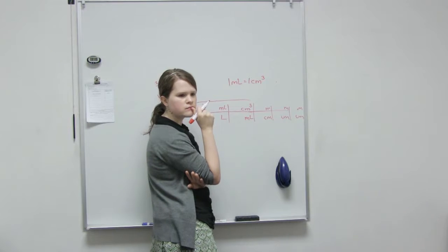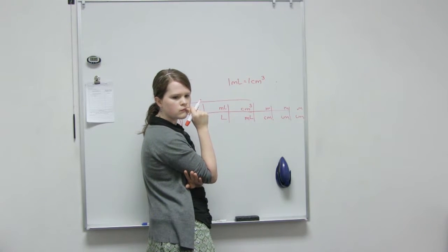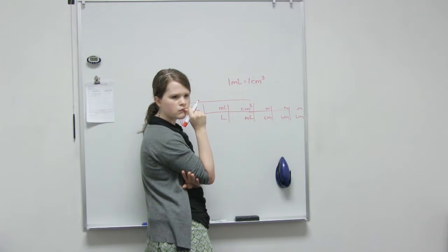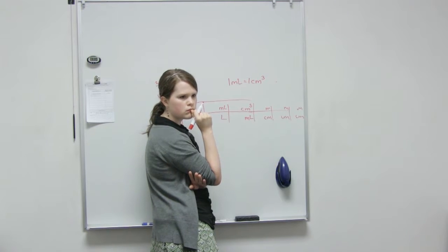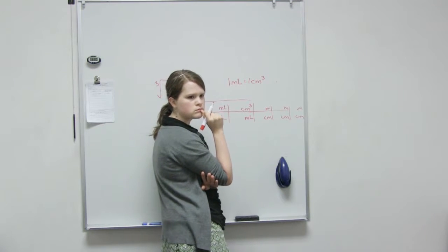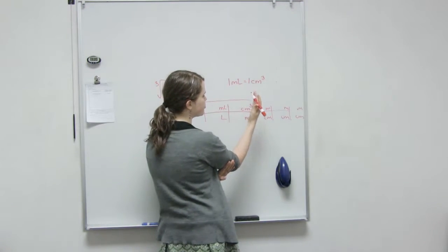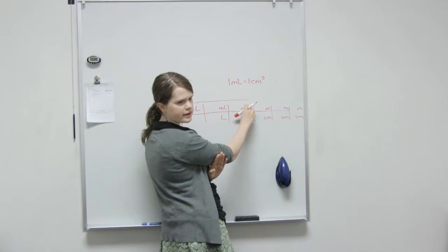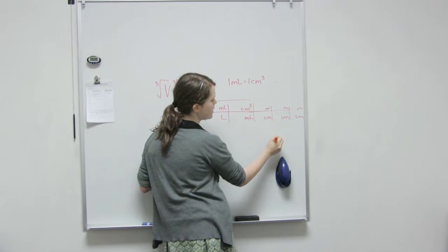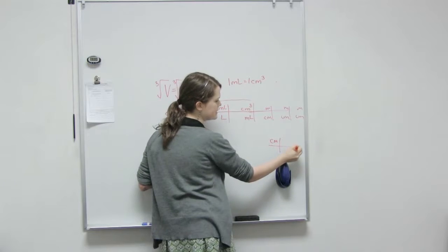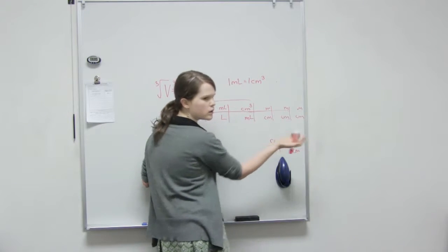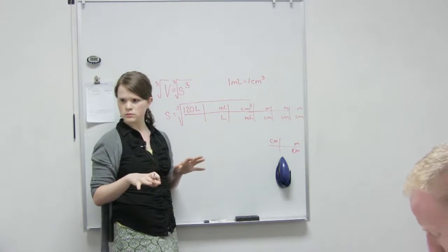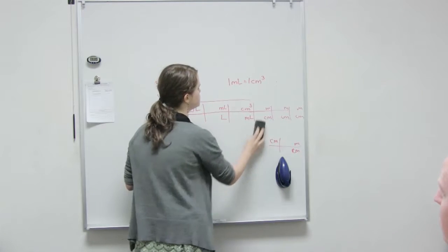Okay, let's get this 3 out of here. So I'll get my answer in centimeters, which I can convert to meters with an easy conversion. Kind of see where we're gonna go?